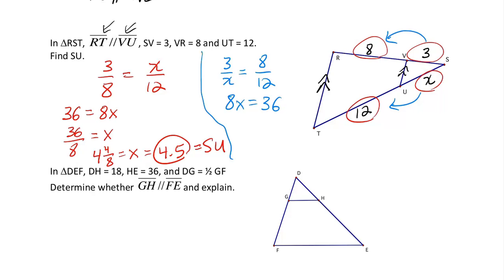That's a pretty nice relationship. As long as you're consistent, it works. I don't think it'll work if you try to do 3 over 8 equals 12 over x. That's not being consistent. If you're going to start with this smaller one and go to the left, you have to start with this one and go to the left. This would not work.